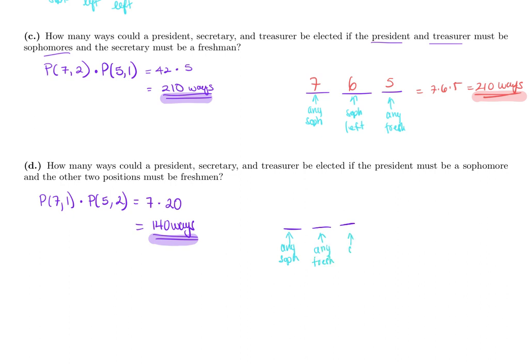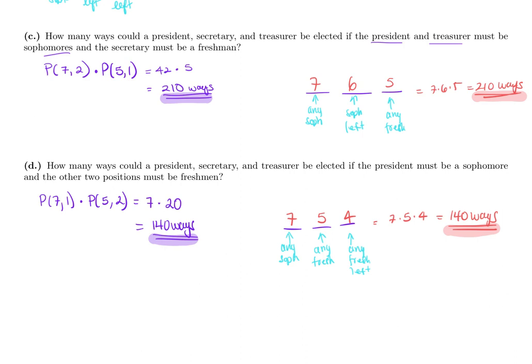And then we would have any freshman left. So how many sophomores do we have? 7. How many freshmen do we have? 5. But once 1 is taken out, then we only have 4. In other words, we end up with 7 times 5 times 4, which is 7 times 20, which we just found out is 140 ways. So again, whether we use permutations or brute force, we're going to get the same answer.